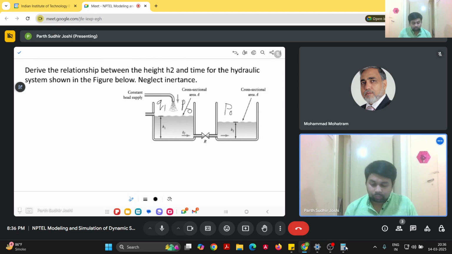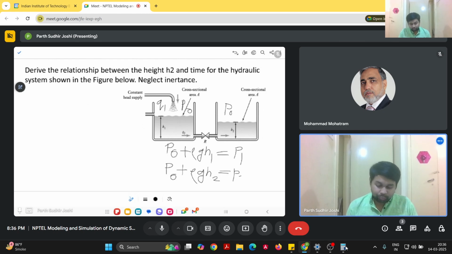The pressure at the left end of the valve will be P naught plus rho g H1. Let us call it pressure P1. The pressure at the other end of the valve, in the other container, will be P naught plus rho g H2. Let us call it pressure P2.